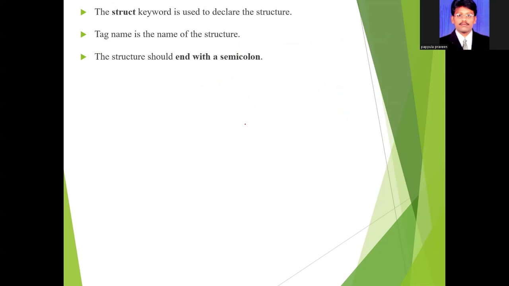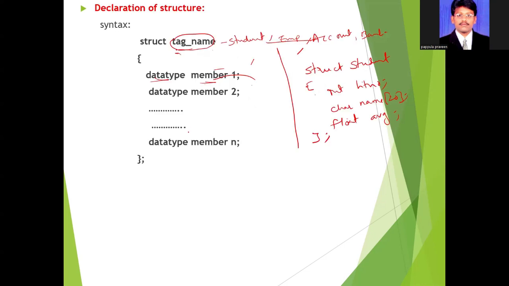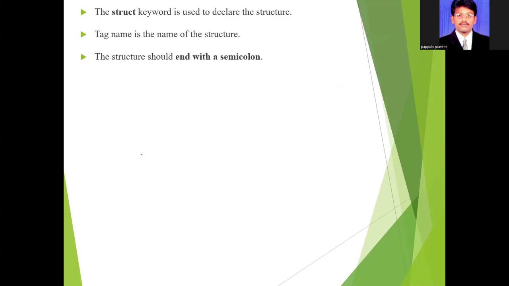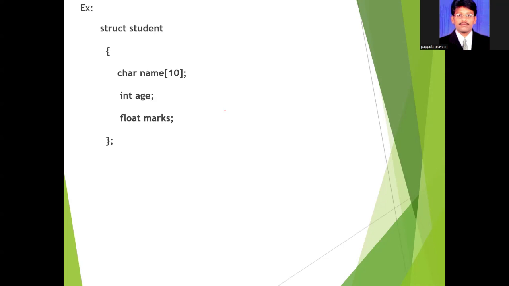You remember this point: always your structure ends with a semicolon. One is the bracket, another one is the semicolon. Now the example we already know: student is the tag name, char name of 10, int age, float marks.